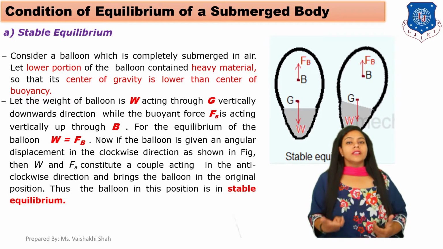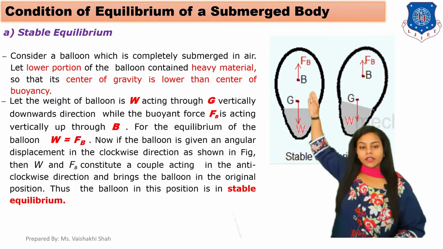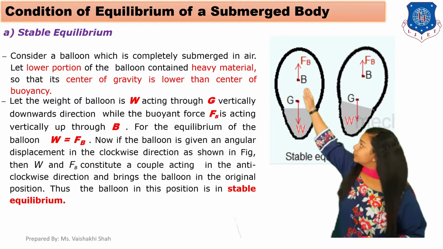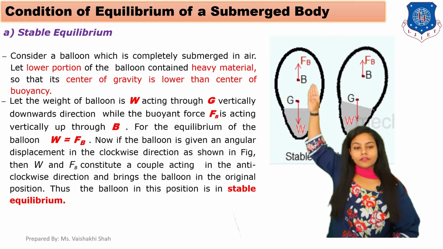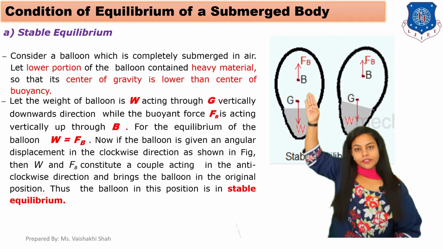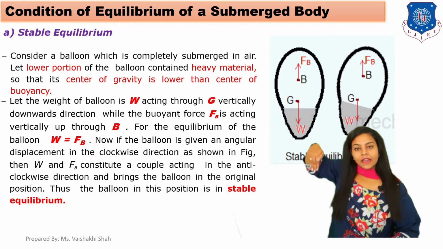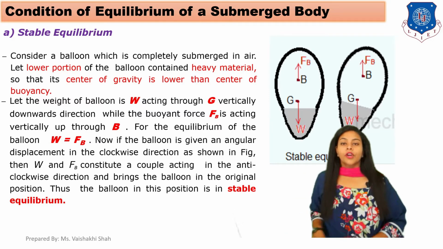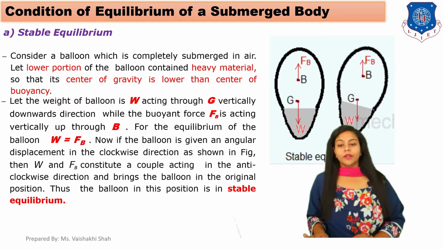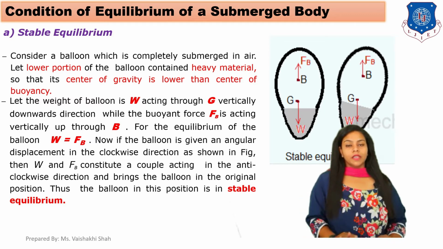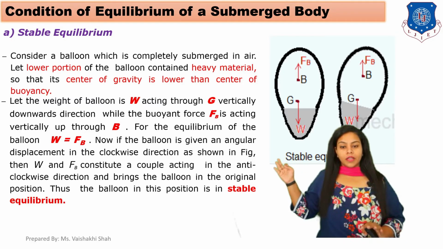So buoyant force is acting upward from point B. As you can see here, B is center of buoyancy, and the buoyant force acts upward, weight acts downward. Now for equilibrium of the balloon, W must be equal to FB.